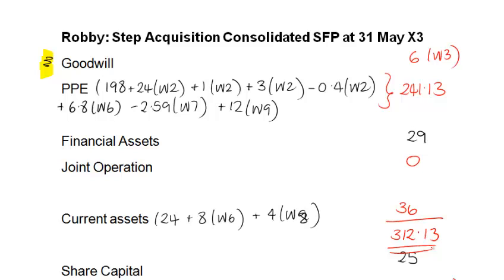Now, if you had done the whole question and ignored the joint operation, it would have simply balanced to a slightly different figure. Okay, these are difficult questions.